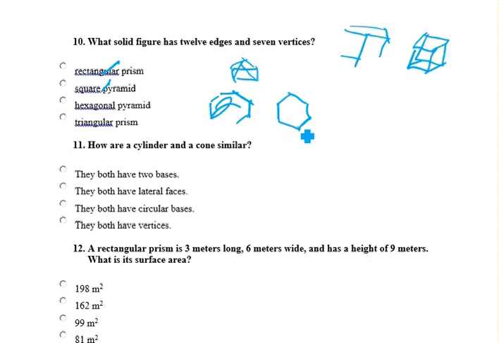So 6 sides around here, and then 6 edges here. So that's 12 edges, and 7 vertices. There's the tip top of the pyramid. That's 1, 2, 3, 4, 5, 6, 7. So yeah, there's your answer.